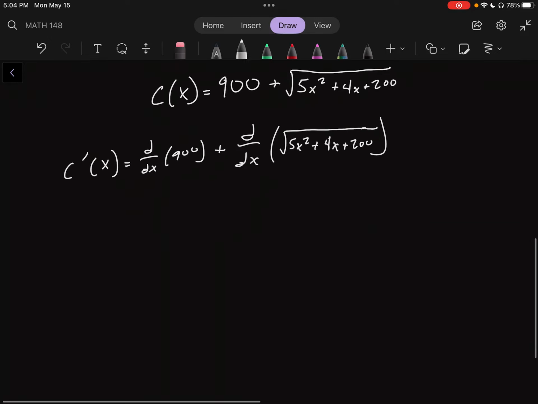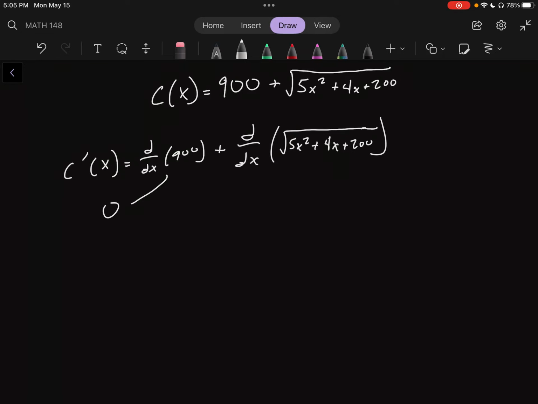Okay, so now this is easy to break up. The derivative of 900, a constant, is 0. The derivative of the square root of 5x squared plus 4x plus 200 is a little bit more complicated.